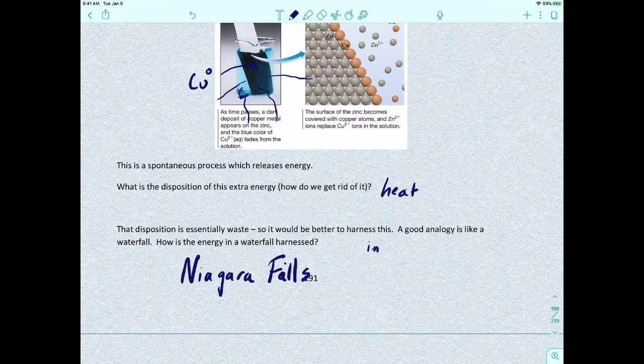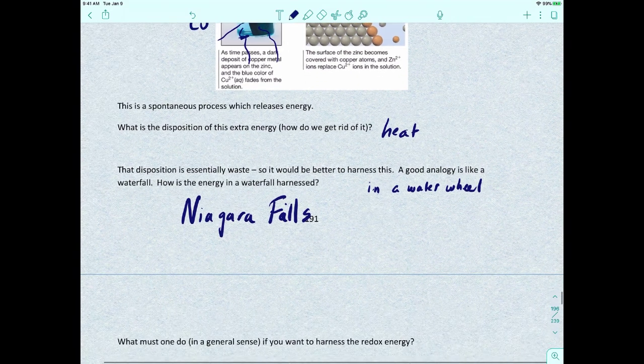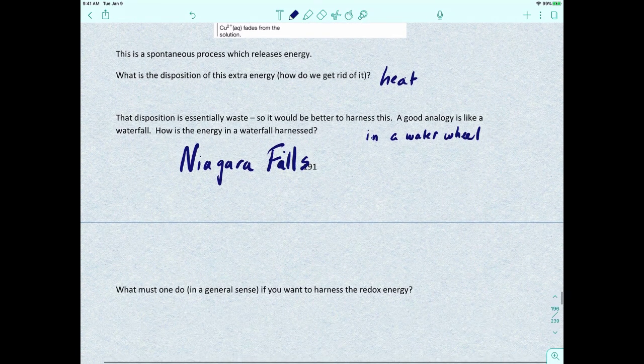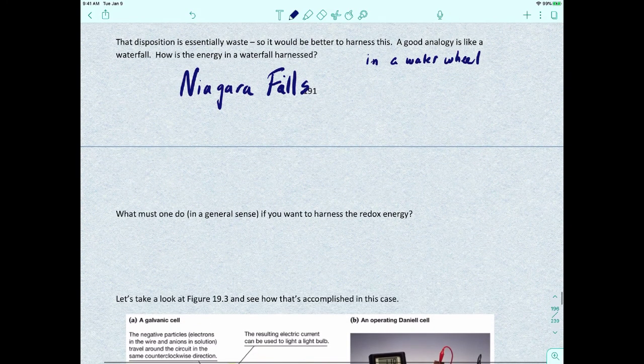We're harnessing the water from a waterfall in a water wheel, or a hydroelectric plant, whichever way you want to look at this. If that's the analogy of a waterfall, and how we can harness the energy from a waterfall to make electricity for us, what must we do here in order to harness that heat, that energy from that reaction?